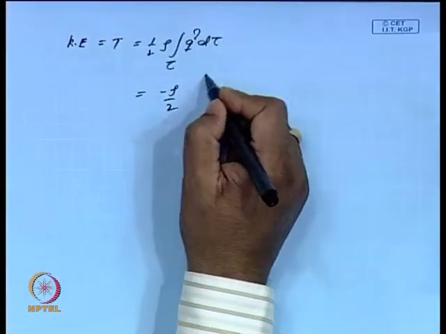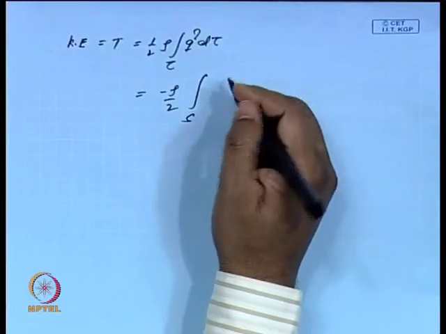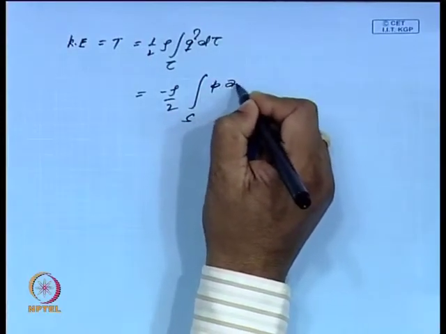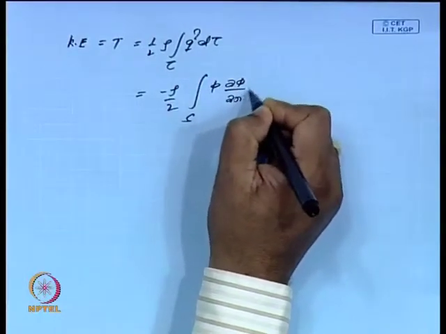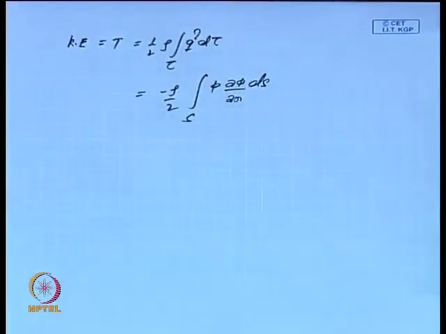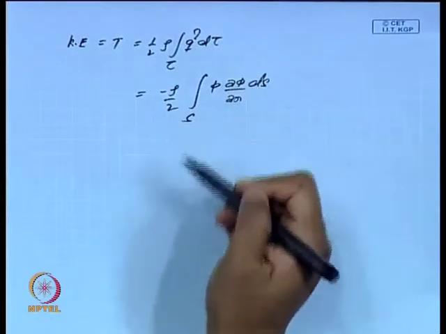I have done this in one of the earlier lectures by using Green's theorem. This is the kinetic energy in a particular confined region with the volume τ whose surface area is S.